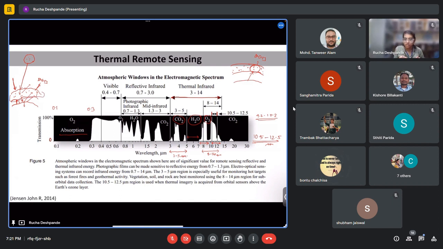So we need to find the windows where passage is possible from outside to inside and from the earth surface to the sensor. That is why we are finding these small atmospheric windows which allow the passage of electromagnetic radiation from one side to the other.